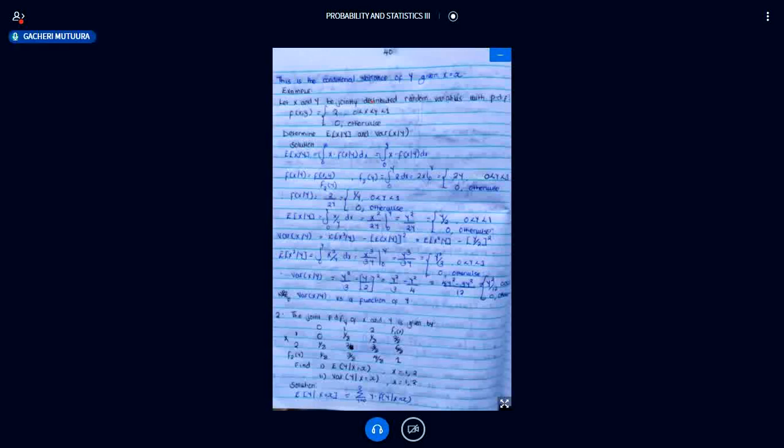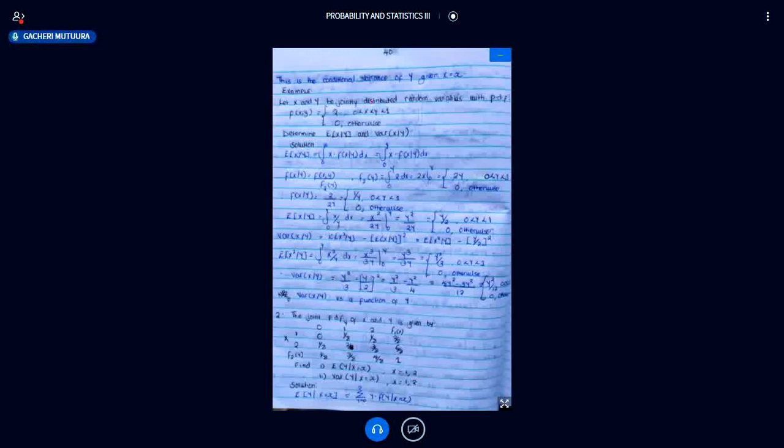I want us to look at this example. Let x and y be jointly distributed random variables. They have a joint PDF of f(x,y) equals 2. We looked at this question somewhere else, but it wasn't in expectations, so we'll still have to compute those expected values. For this question, we obtained the marginal of x and y, didn't we?